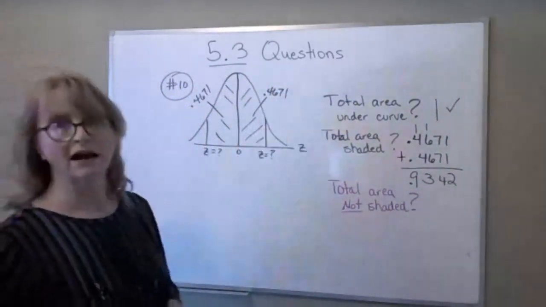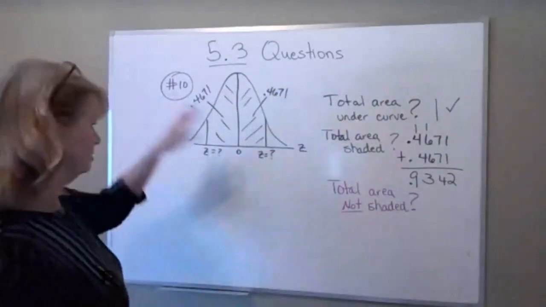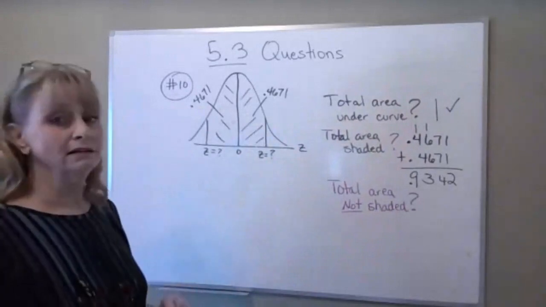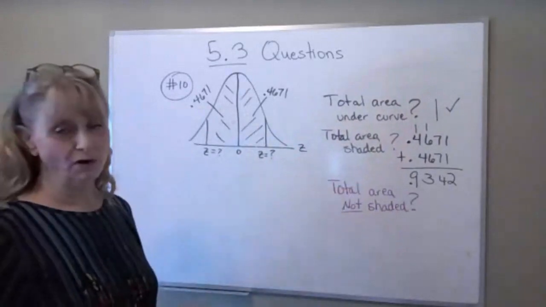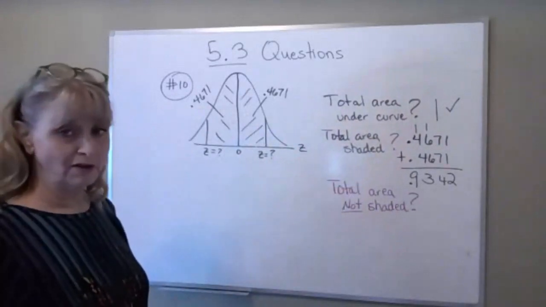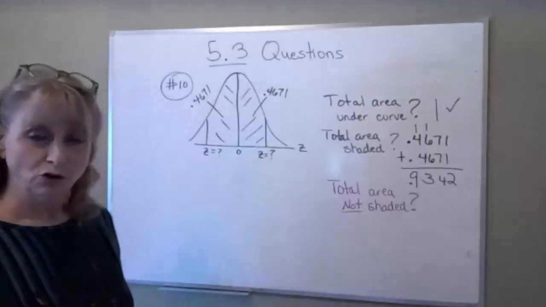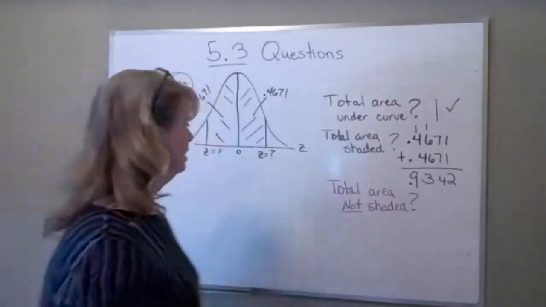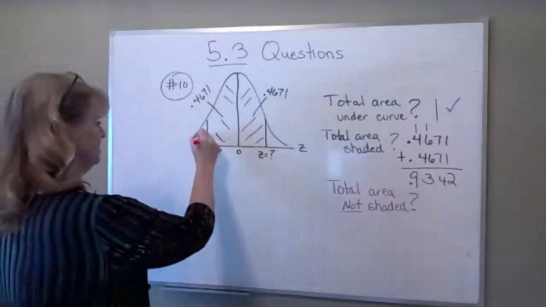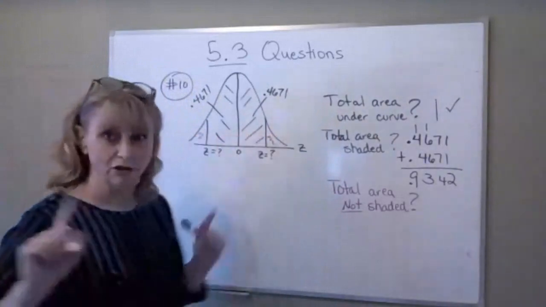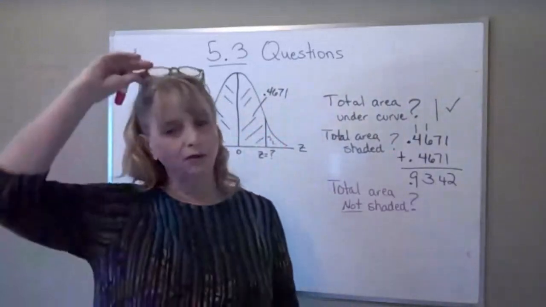We know the total area under the curve is 1. The total area they shaded is 0.9342. So basically, we're looking for the complement of that. So what calculation should we do to find the total of this and this, the total of both of them?